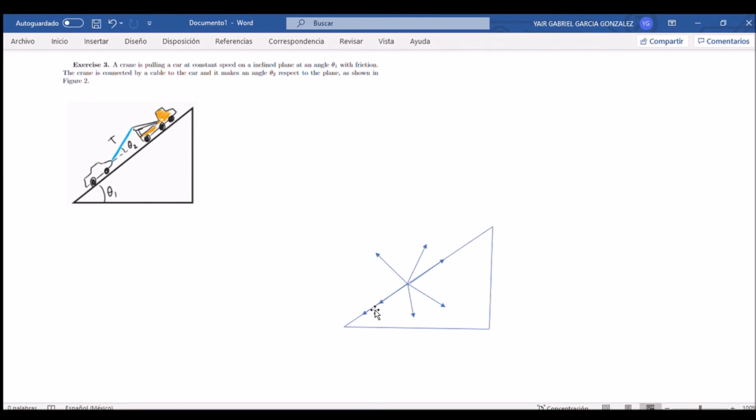And this part is the same as this. Here you can find the friction.